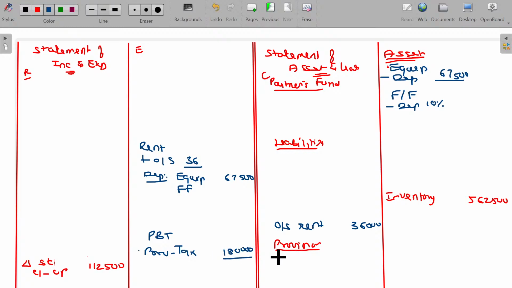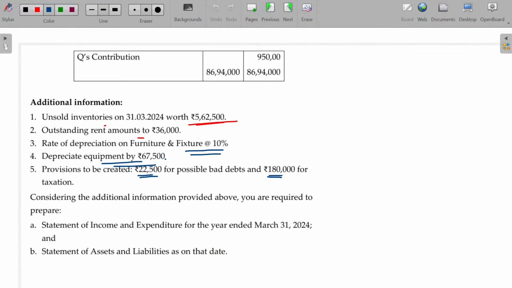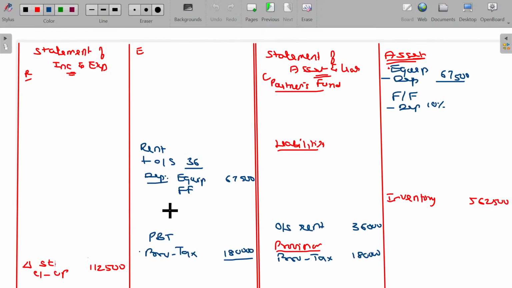And this will appear in provisions, provision for taxation, 1,80,000. And you have to create the provision of 22,500 for bad debt. So provision for doubtful debts, PDD 22,500.